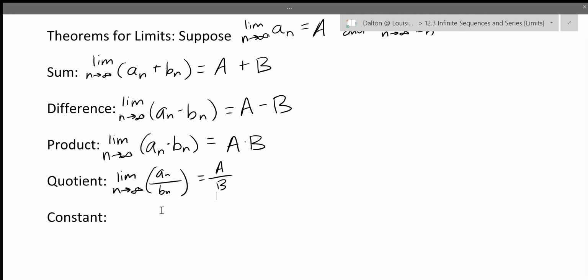And then the last one, I'm going to argue, is the most important one. We're going to use all of them, but the one that's going to be most meaningful to us, I think, is the constant, which is this: the limit as n approaches infinity of c sub n. So over here, let me scroll up.